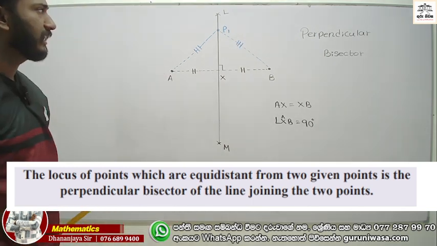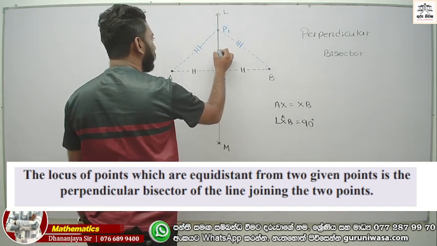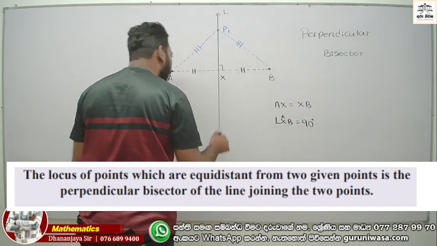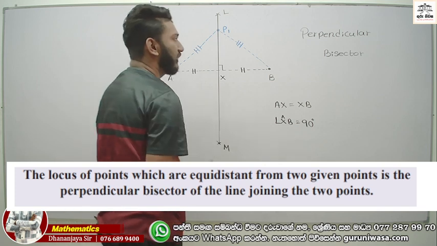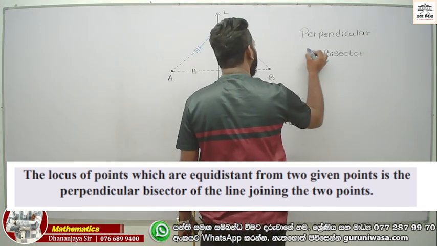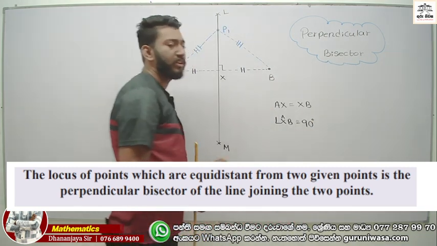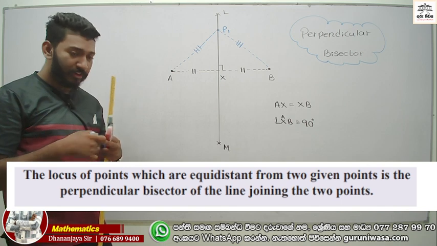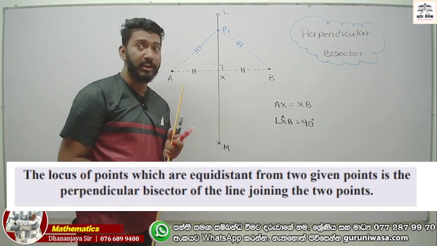The same distance: any point P1, or P2, P3, any point lies on this perpendicular bisector. We have two fixed points. If we have two fixed points, what is the locus? Perpendicular bisector, right?